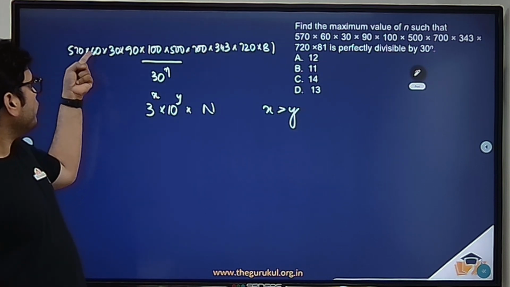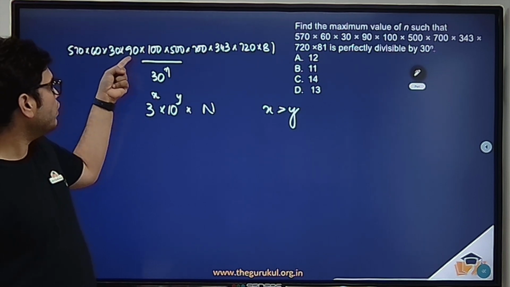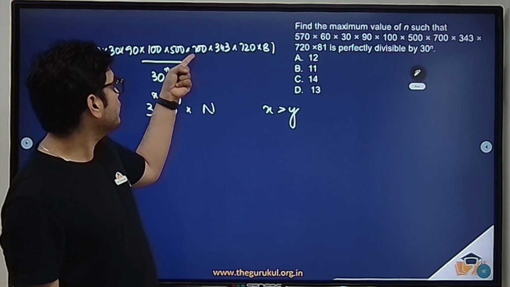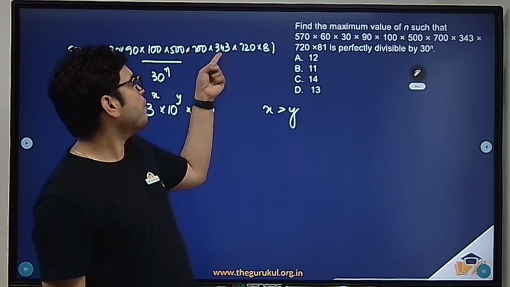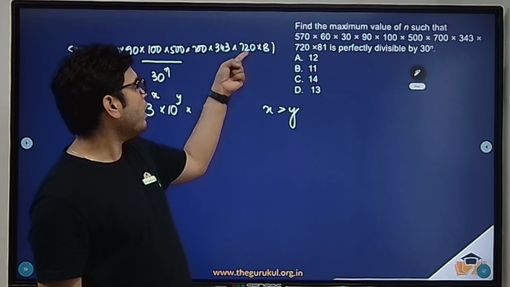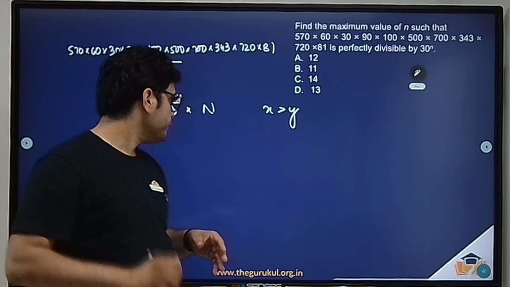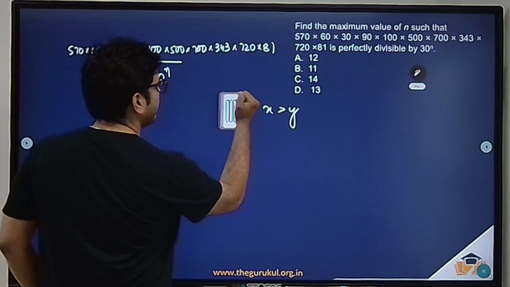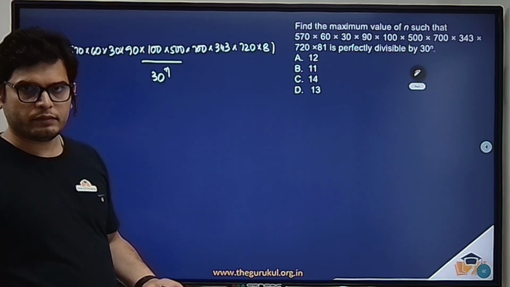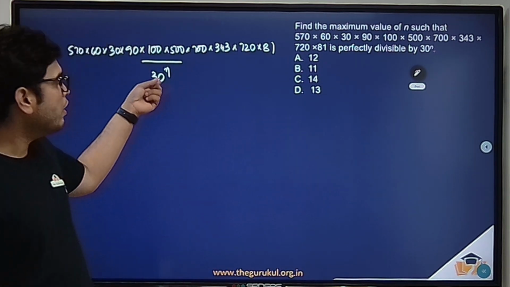You have one 3 here, one 3 here, one 3, two 3s here, then 3 power 5, 3 square here, and 3 power 4 here. So the powers of 3 are greater than the powers of 10. So the critical case here is the power of 10.